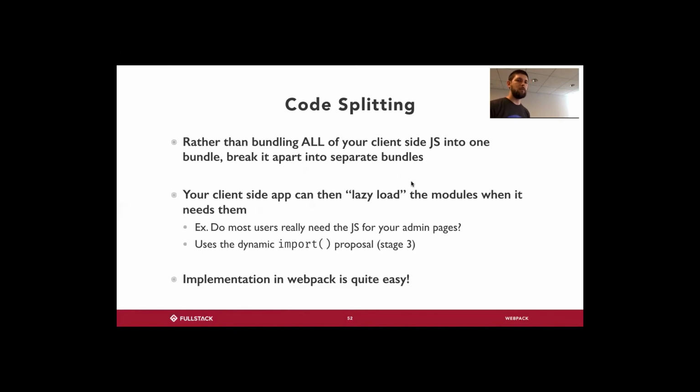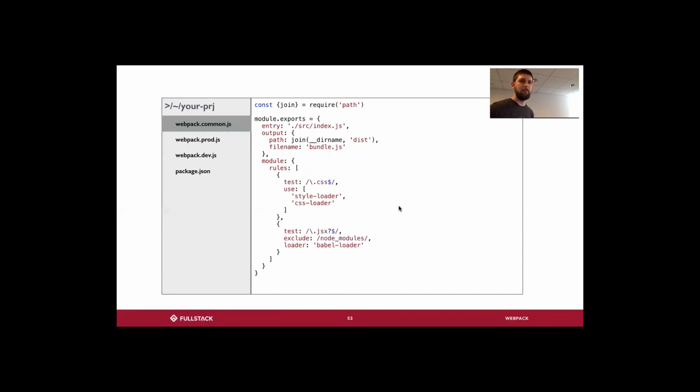We just need to give it the path to the module, and Webpack will automatically spit out different bundles. What it will do with the dynamic import is, when it's compiled, replace it with an implementation that will perform an AJAX request for that JavaScript, insert it into the Webpack runtime and execute it. Really cool. It'll seem a little bit magic-y, but it is nice that it's easy to implement.